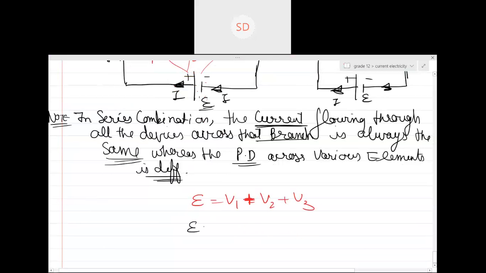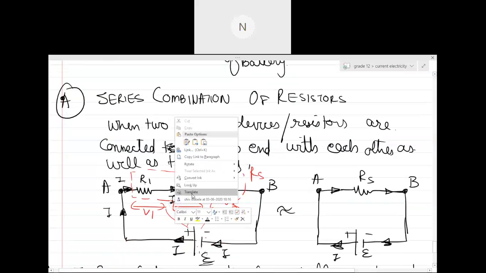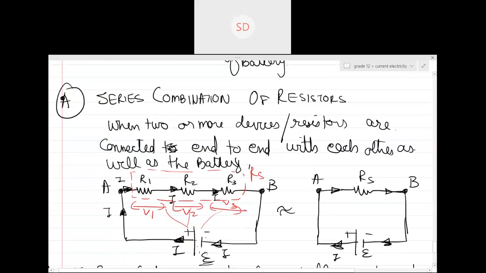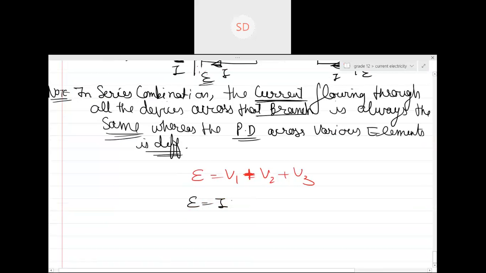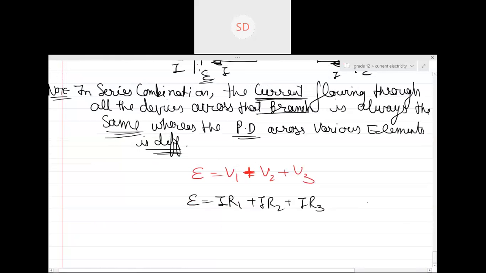So can I write E is basically, what is the current through resistor 1? I. And through this resistor? I. And through this resistor? I. So basically I into R1 plus I into R2 plus I into R3. And here also it is I into RS. So E is basically I into RS.